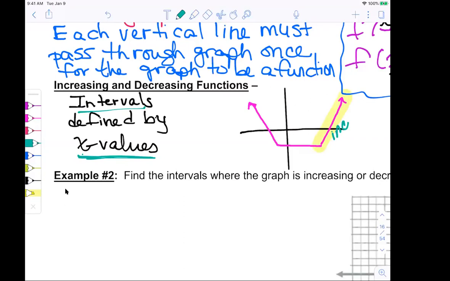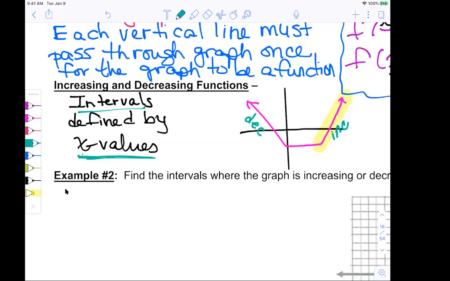The decreasing part, even though this has a little arrow showing it's going up to infinity, the graph is actually moving down from left to right. So the portion on the left here is decreasing.